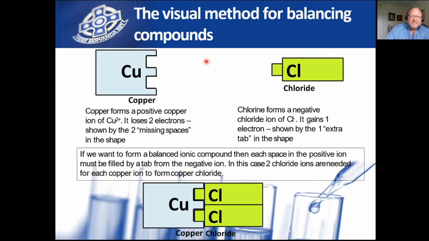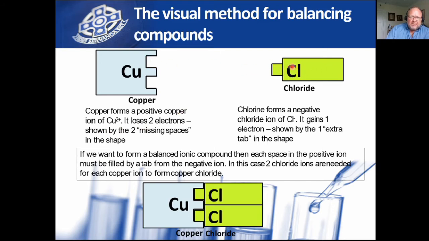Let's look at that visually. Okay, so copper is 2 plus. Okay, so it loses 2 electrons. Now if you think about it, let's pretend that was full and it wanted to give that block away, and it wants to give it to chlorine.